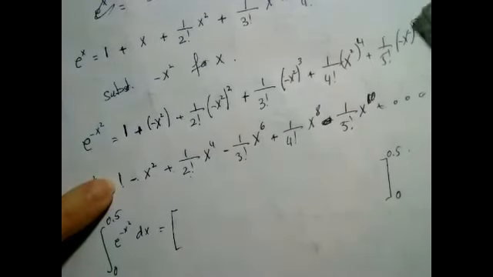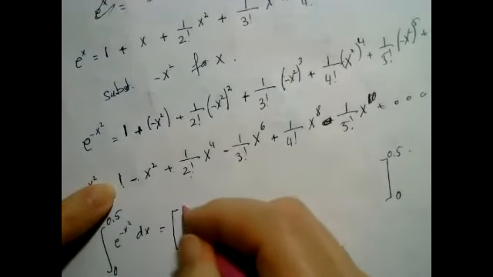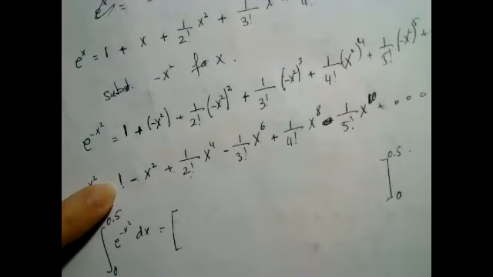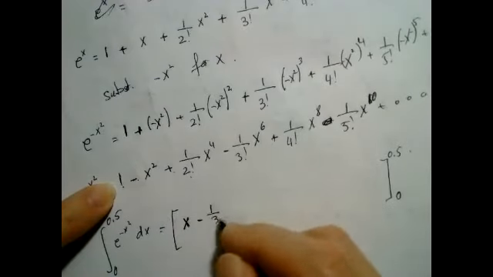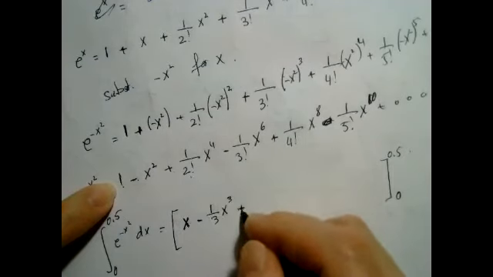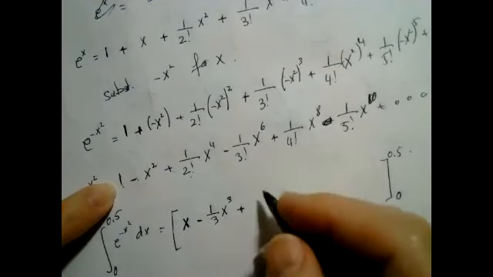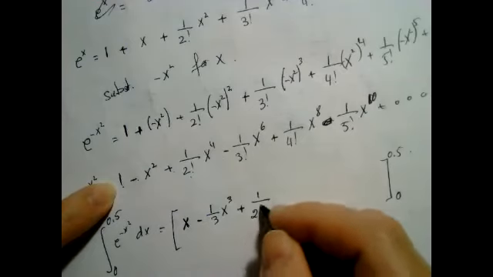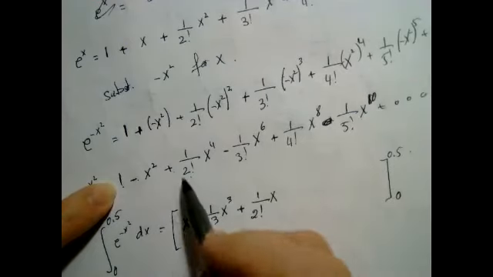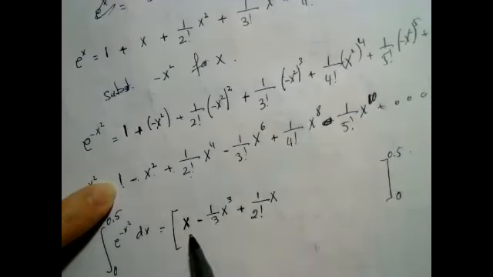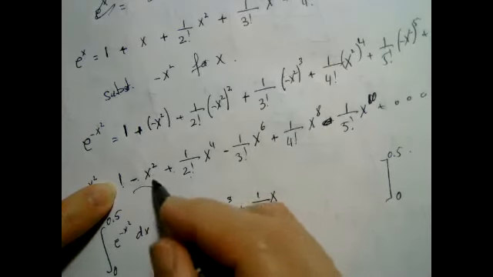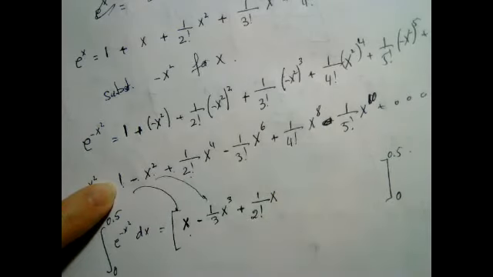So at this stage, what I'm going to do is term by term integration. It's going to be x minus... This time, probably I will not finish the whole thing because usually a pattern emerges. The antiderivative of 1 is x. Antiderivative of this is x cubed over 3.